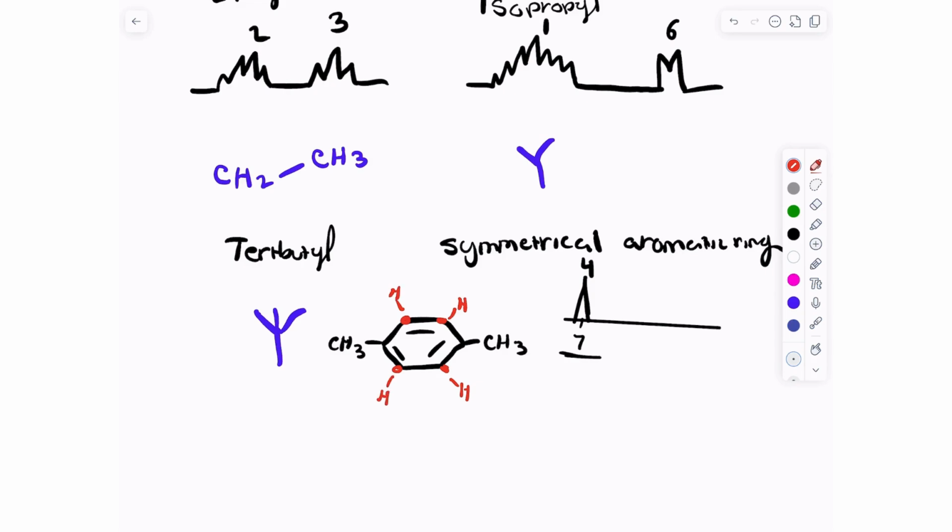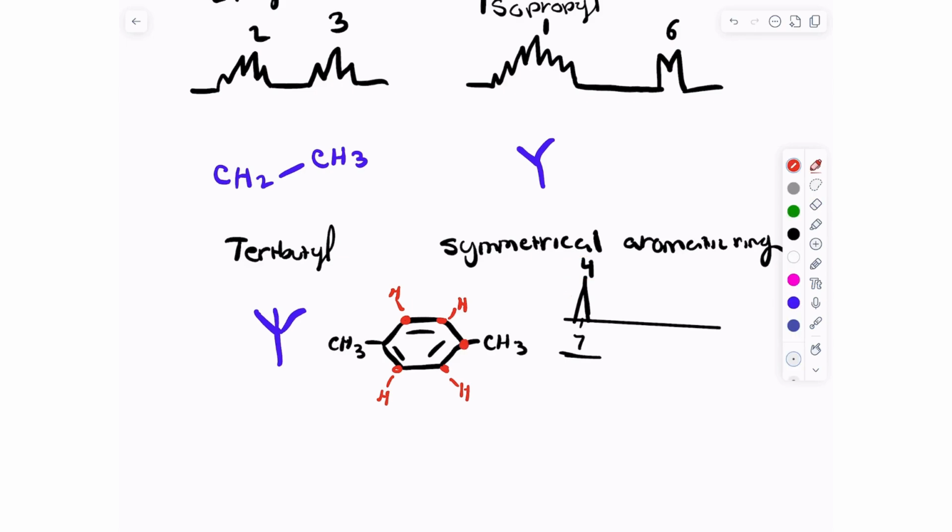They all have the same signal because there's symmetry here. Since they all have the same signal, and they only have one neighbor, it's going to be a singlet, and there's 4 hydrogens in that signal.